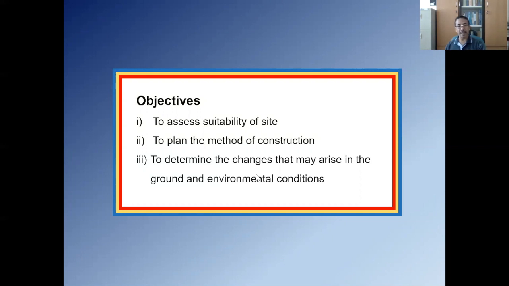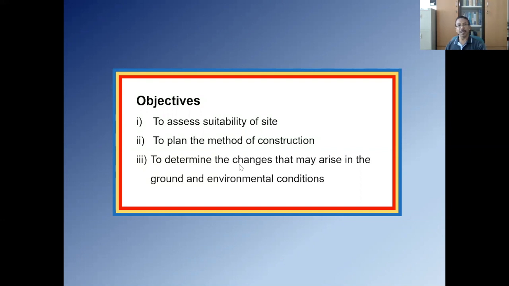Number 3 is to determine the changes that may arise in the ground and environmental condition. The changes in this case could be in terms of positive impact as well as negative impact. So this impact could arise during the construction, after the construction, or during the operational phase.